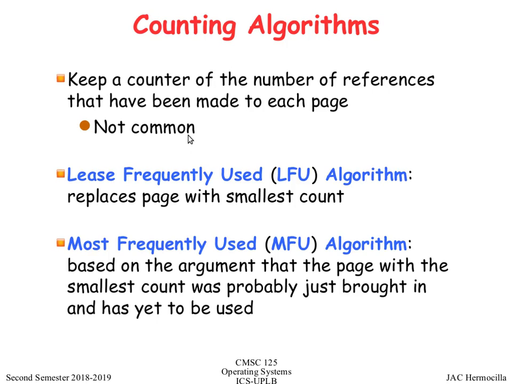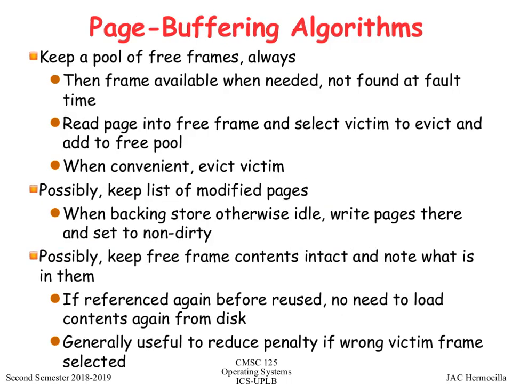Okay? And then the other one is the most frequently used algorithm, which is based on the argument that the page with the smallest count was probably just brought in and has yet to be used. Okay? So you don't replace that. Okay? So are there questions? So you just write your questions on the paper. Okay.